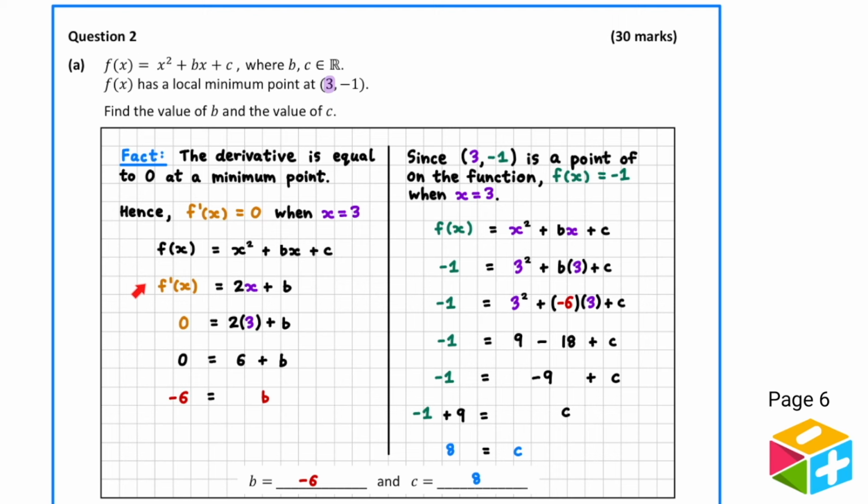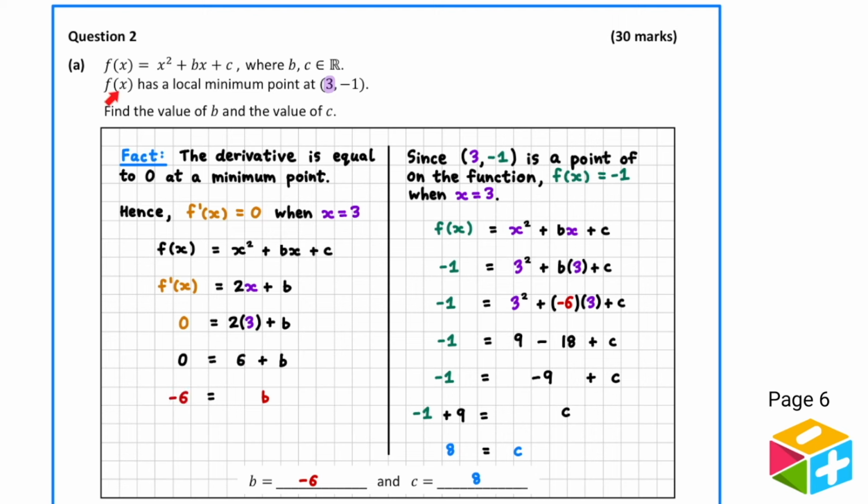Now, we can use the fact that f dashed of x is equal to 0 when x is equal to 3. 2 times 3 is 6, so we end up with 0 is equal to 6 plus b. Subtracting 6 from both sides gives us that b is equal to minus 6.